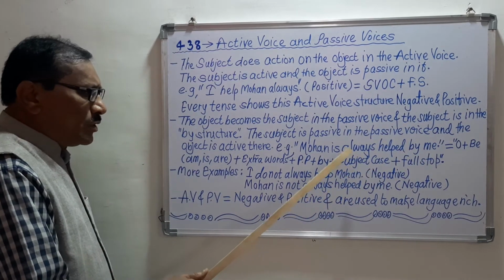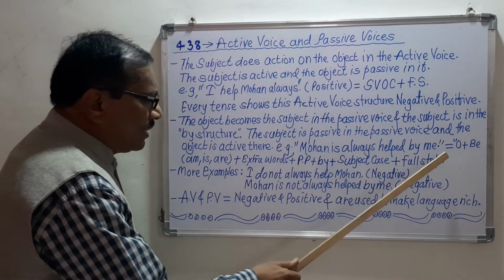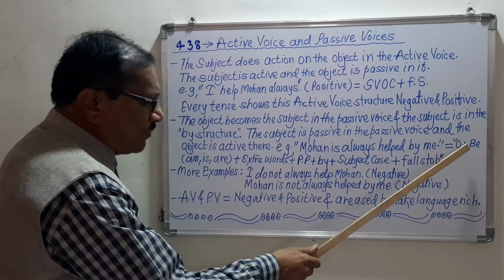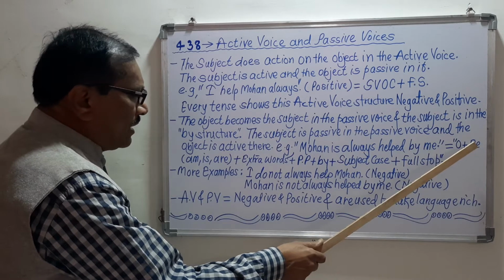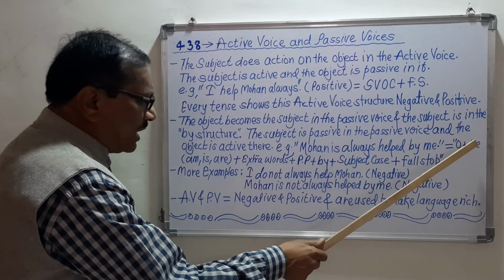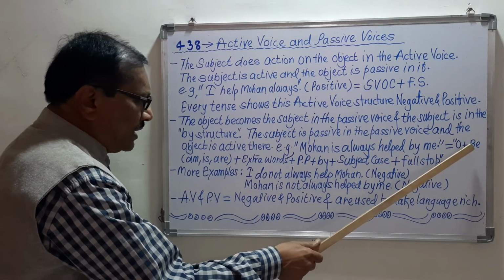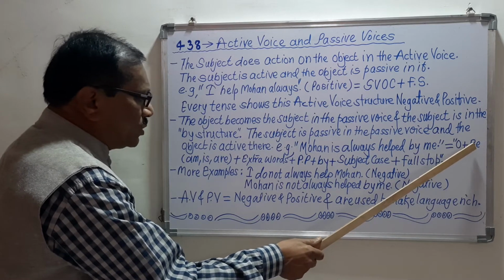So the structure of this passive voice is here. O means object, plus B means am, is, are, which can be used as per the subject. If there is the subject I, then we use am.